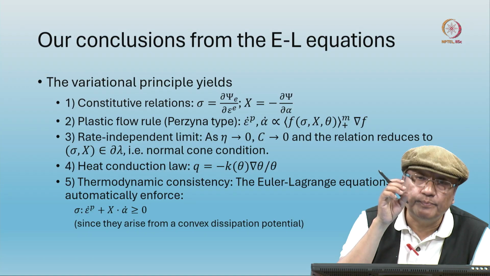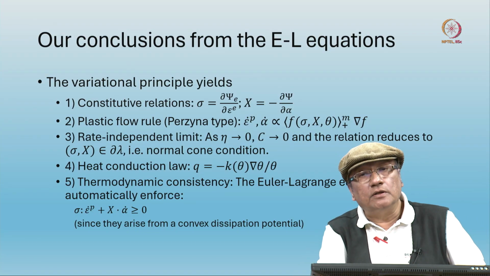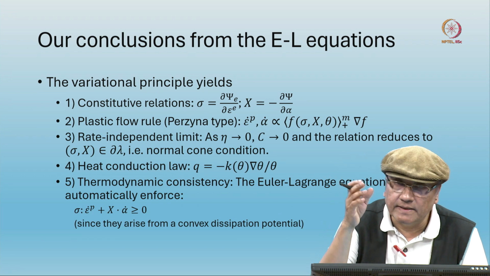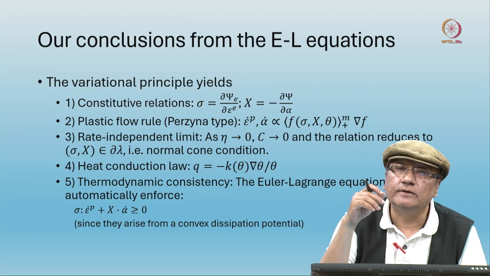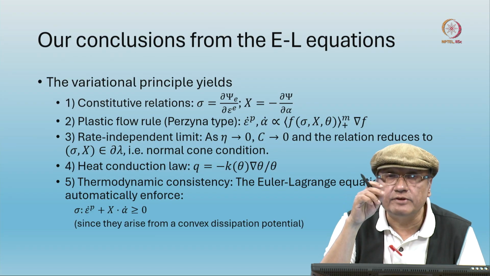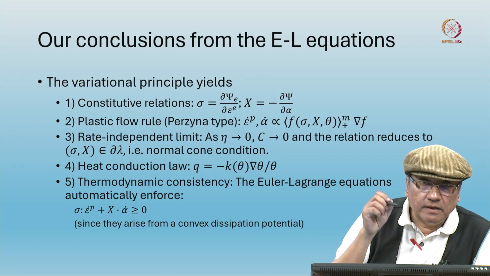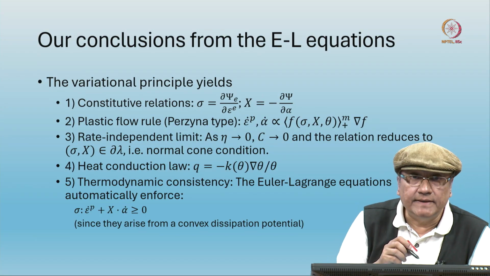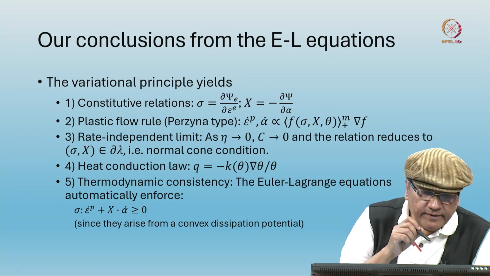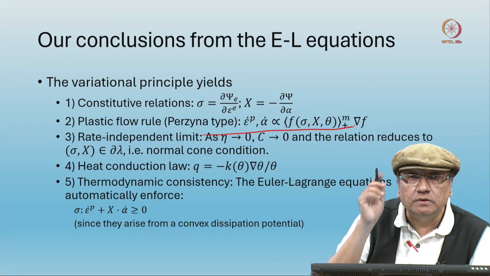We have appropriately put in the simplifying things based on the Coleman-Noll closure, because we have used things like sigma equal to del psi by del epsilon E, and eta equal to minus del psi by del theta, to write psi dot, the time derivative of the free energy, properly. And through this variation of pi, by applying the local variational principle here, we have got the Perzyna-type flow rule.